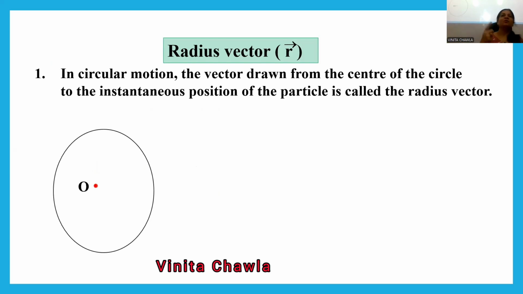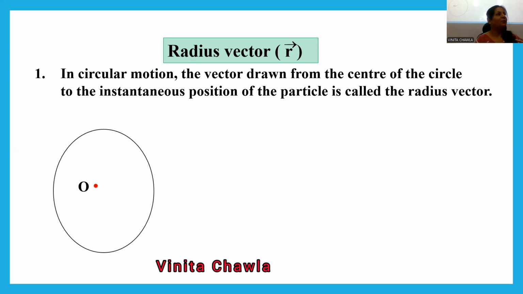If an object is moving in a circle, then the object is at different positions in different intervals of time, right? So instantaneous position means position at a point of time.